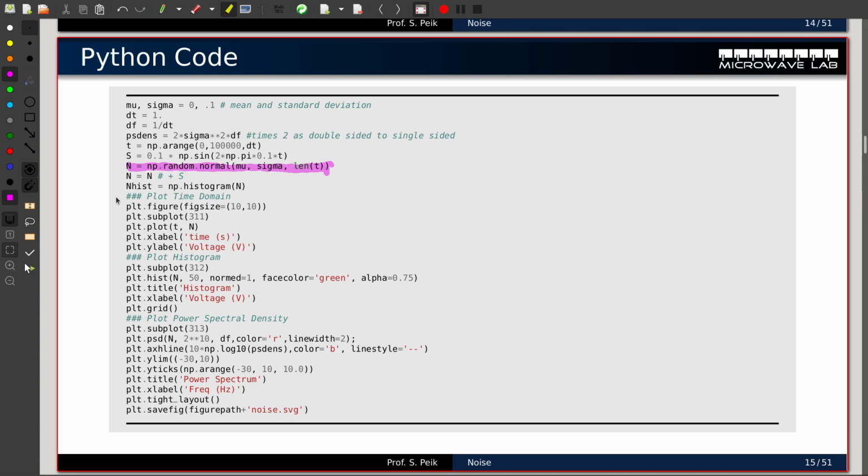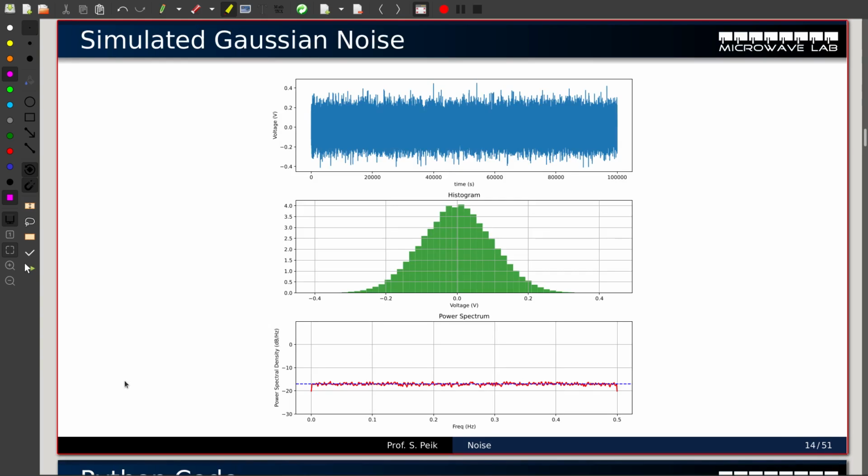And here the three plots just plot out the signal, nothing else. When you do that, you get here the time domain signal. Here you get the probability density function in bins. It's a so-called histogram.